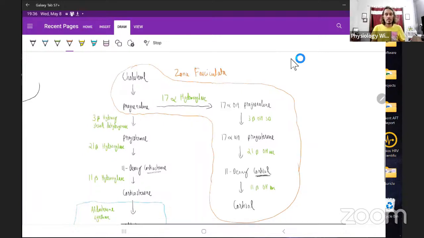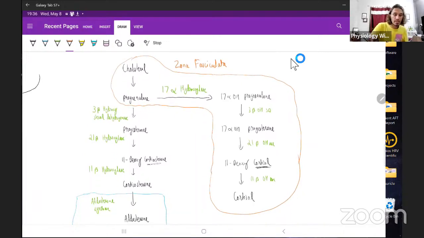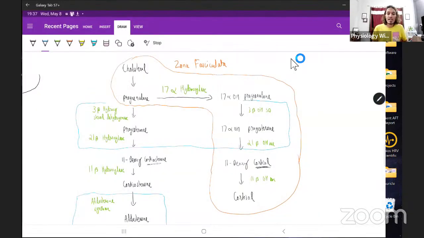Now inside this also, cholesterol to pregnenolone takes place in your mitochondria. But all the beta related ones, not all, 3 beta and 21 beta, these steps actually happen in your smooth endoplasmic reticulum. Okay, there's some confusion in certain textbooks.